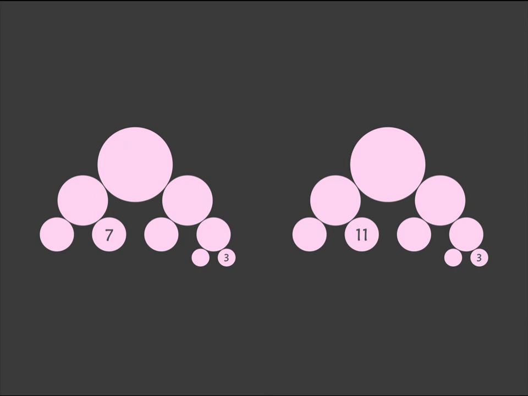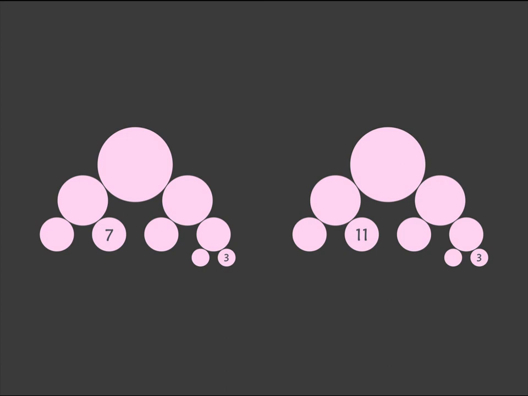Okay, here's another question for your class. I have got the same shape on the left and on the right, but I am giving you 2 of the numbers each time. I'm giving you a 3 and a 7 on the left and a 3 and an 11 on the right. The question is, which of these shapes has got more integers?